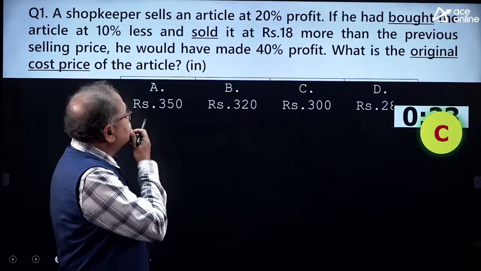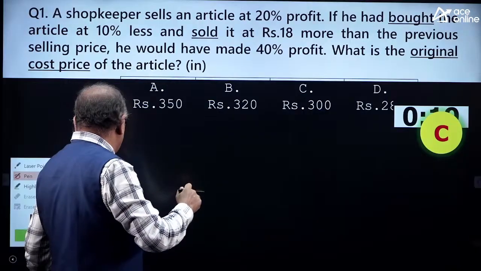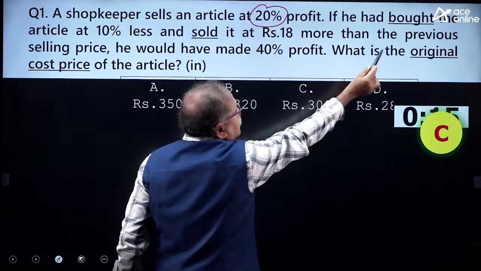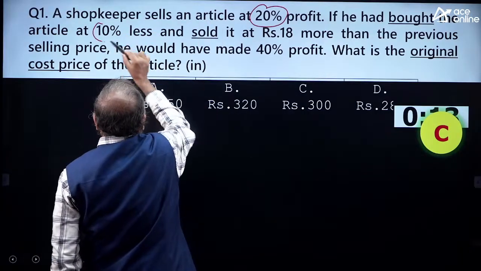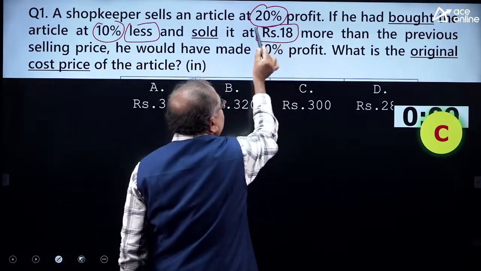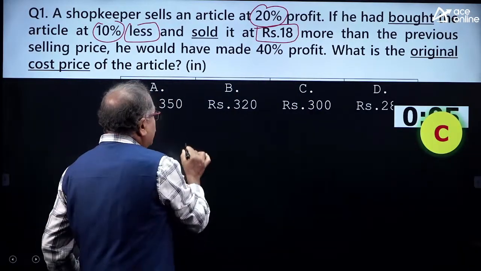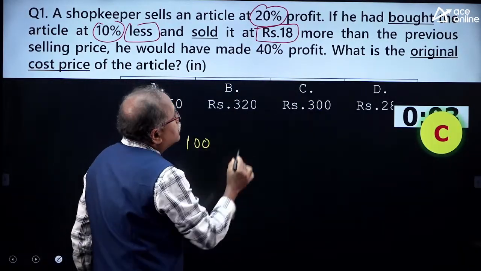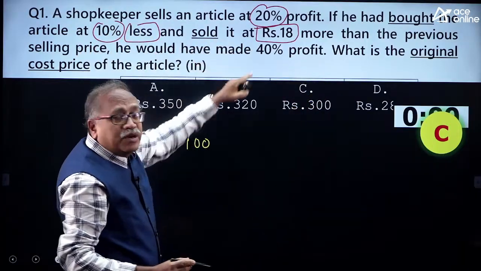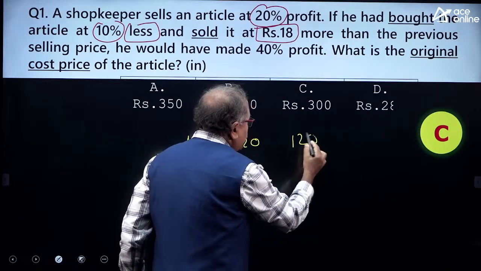So what he has done is: a shopkeeper sells an article for 20% profit, and if he had bought it at 10% less and sold it for rupees 18 more. He might have taken the CP as 100 and the profit is 20%, so the profit is 20 and the SP is 120.